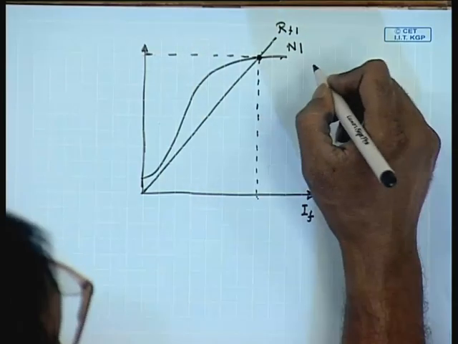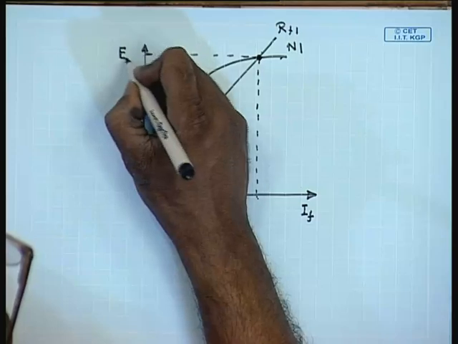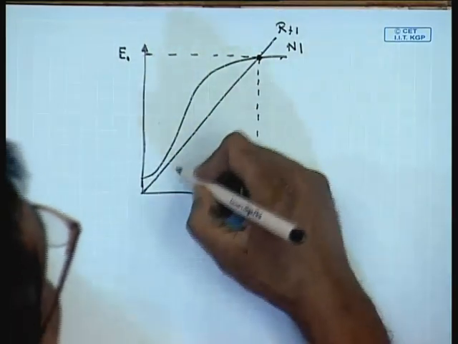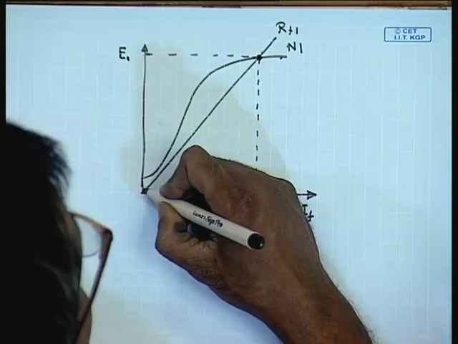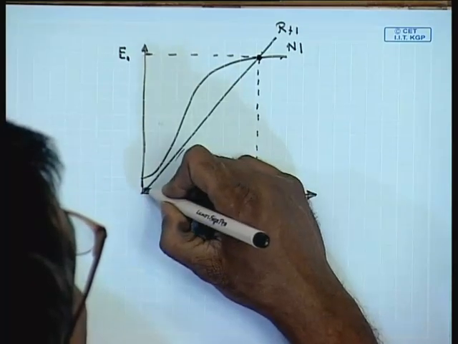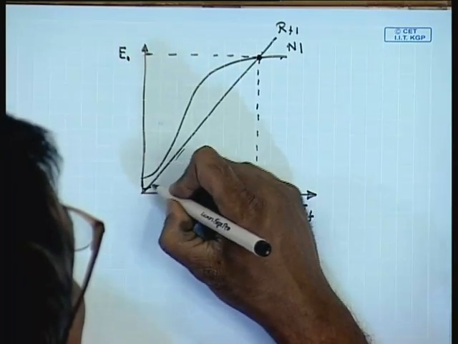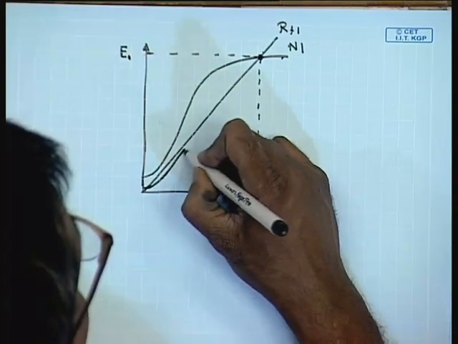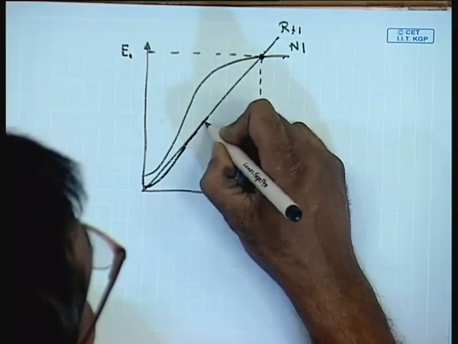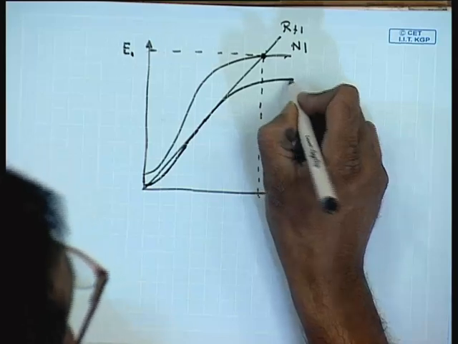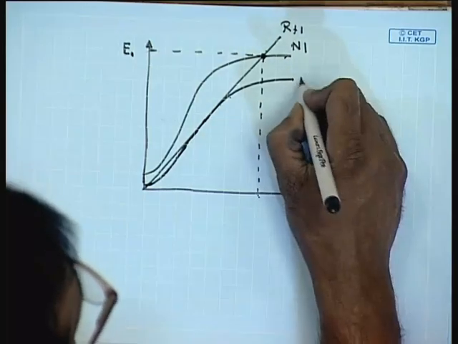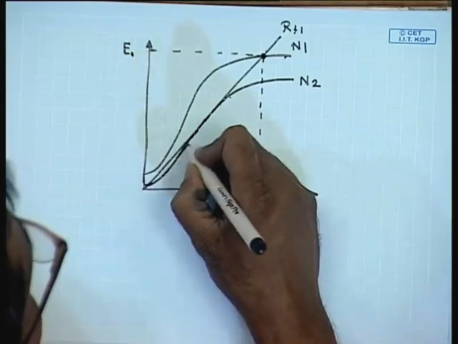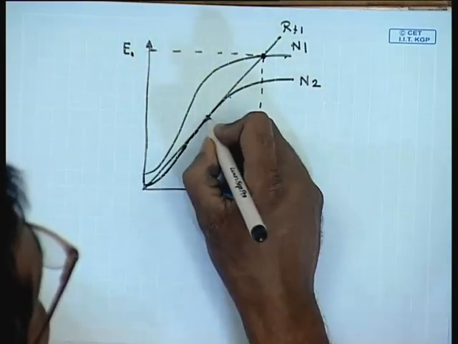Now, we know that the OCC is proportional to the speed of the machine. So, at another speed n2, it is entirely possible that with the same field resistance, the OCC is now tangent to the field load line.